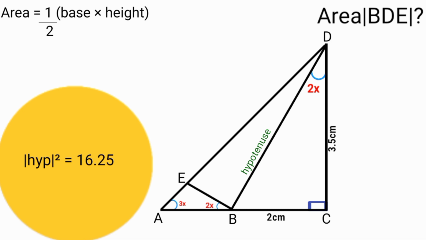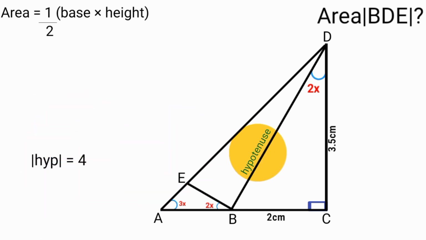To find the exact value of the hypotenuse, we find the square root of both sides. So square root of hypotenuse squared is equal to square root of 16.25. Here squared cancels square root, and the square root of 16.25 is 4.03, which is approximately 4. So we find the length of this side here to be 4 centimeters.